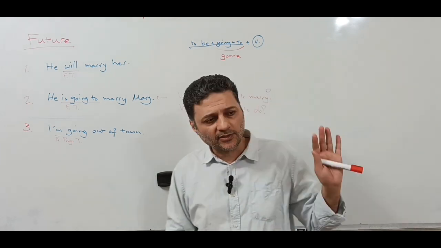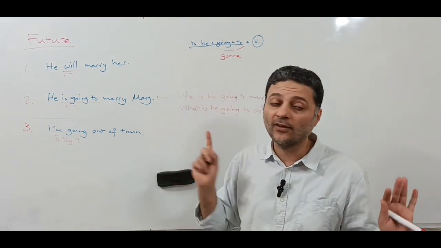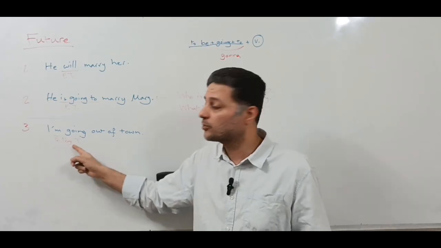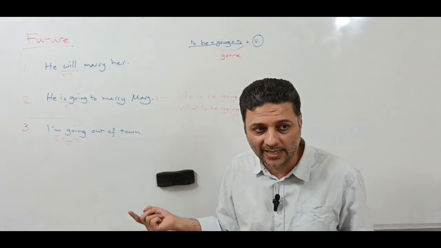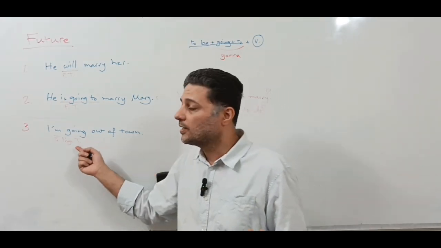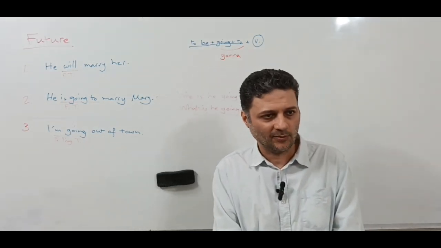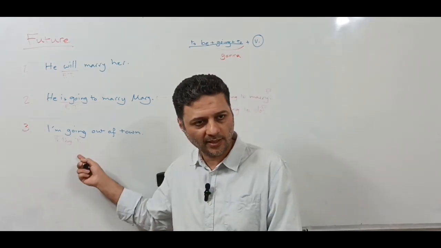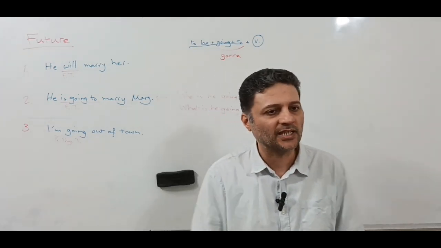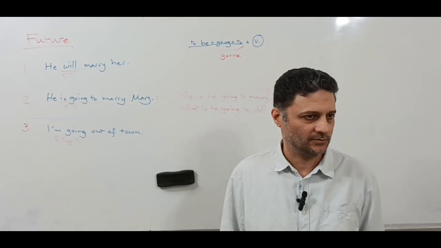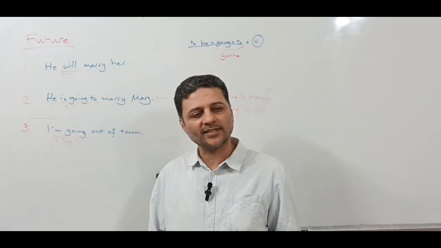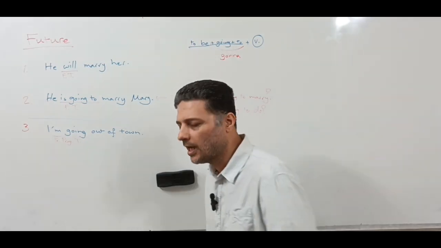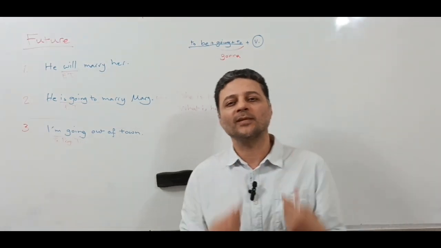Later you may see another tense, which is present progressive tense, or continuous tense. Normally you have used this tense in English to refer to the activities that we are doing right now. For example, I'm talking to you, and I'm filming this.